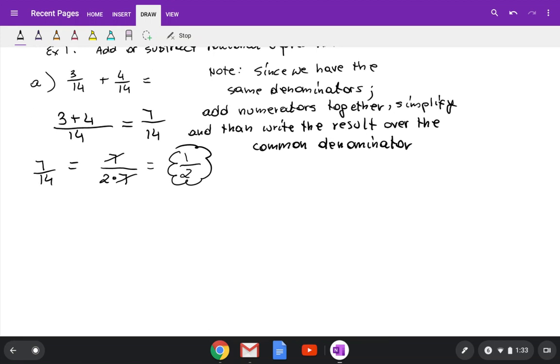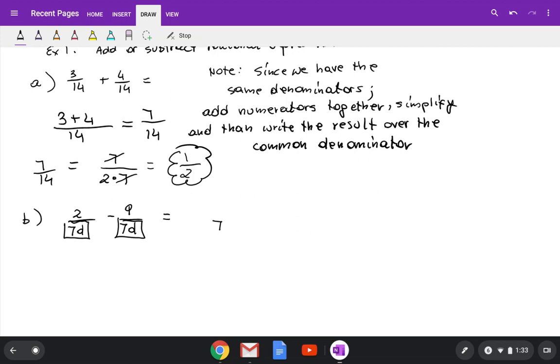Okay, let's do B. We have 2 over 7D, again D is a variable, minus 9 over 7D. Here it's also a nice case because we have the common denominator. Both fractions have 7D on the bottom.